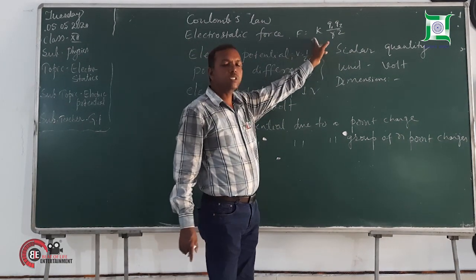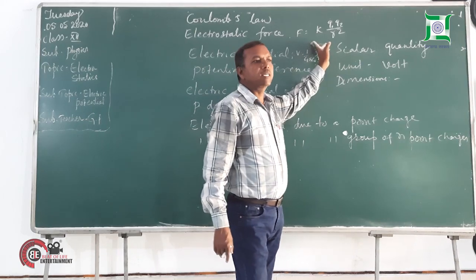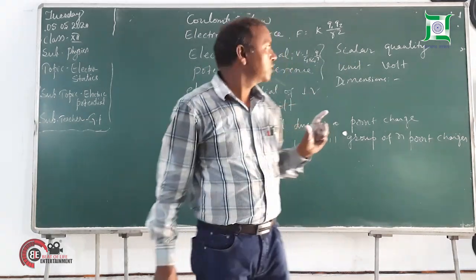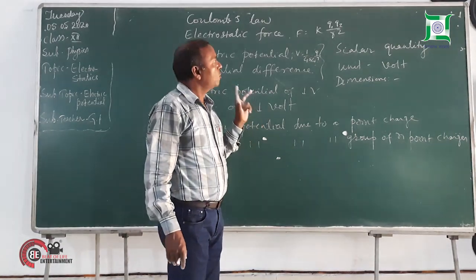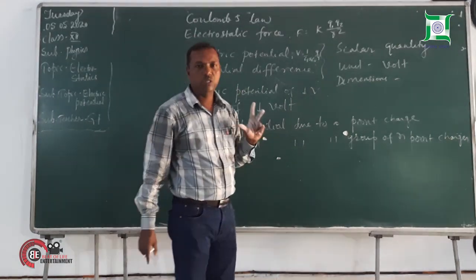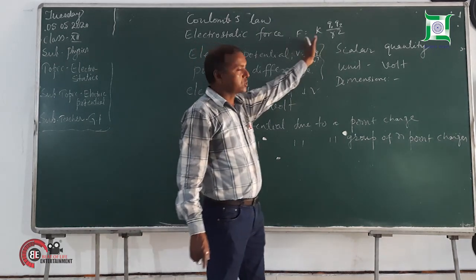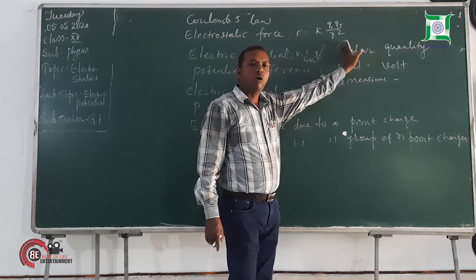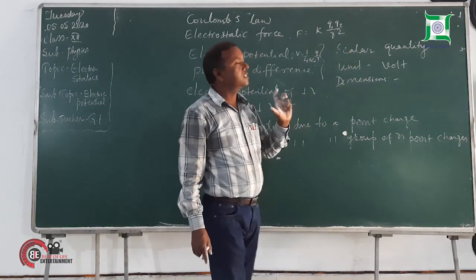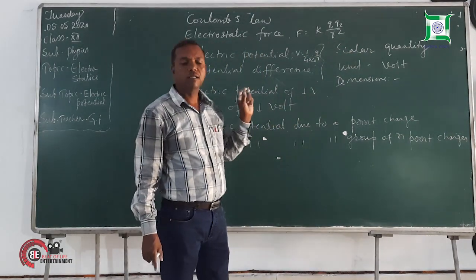Coulomb's force is also known as the electrostatic force between elementary charged particles or objects at rest. It means this force exists only when the charged particles or charged bodies are at rest.